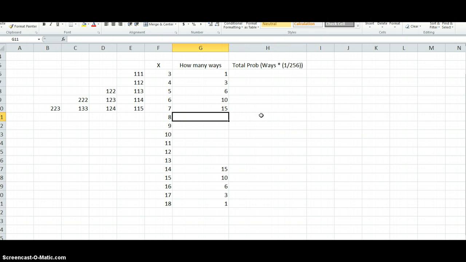Well, yeah, it will, in this sense, because here we can get 116. Notice though, when we go to 9, we can't get 117. So at this point, it starts to decrease the rate that we're going. So the pattern here does not continue because we can't get 7s on the dice.